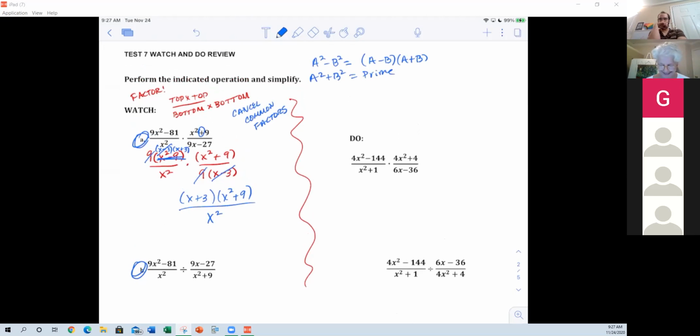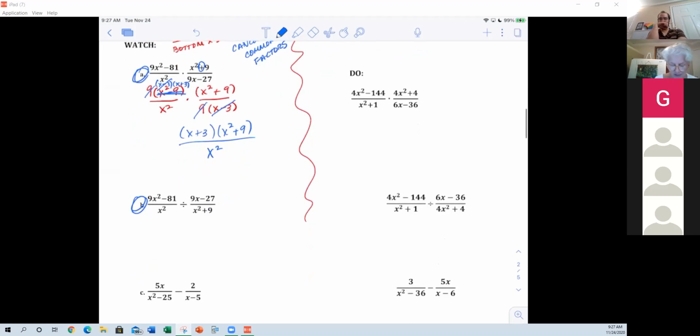Yes, thank you. Okay. All right, so here on this one, if you notice, what I would always do when you're doing division is always first flip the second fraction. So here I have 9x squared before you do anything. Some people don't like to do that, but if you don't, I guarantee you're going to cause yourself more work than you want.